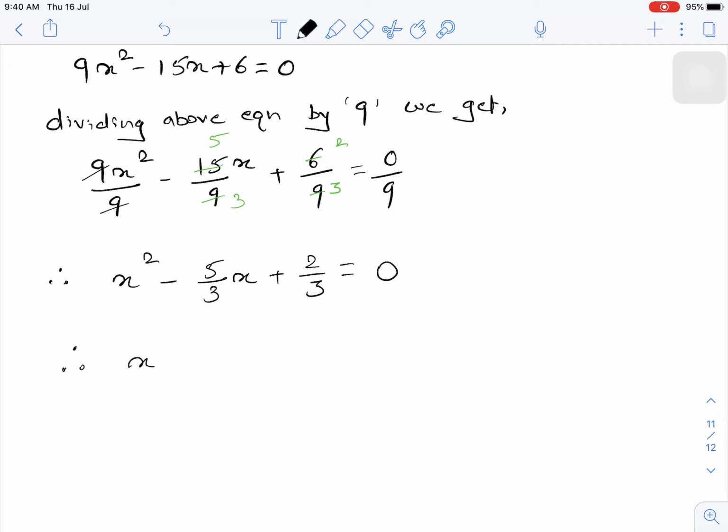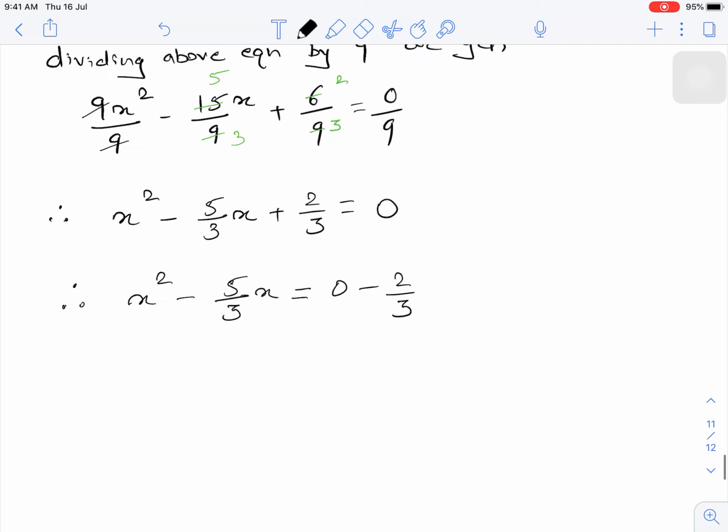So we'll have x square minus 5 upon 3x equals to 0 minus 2 upon 3. Therefore x square minus 5 upon 3x equals to minus 2 upon 3. Now this is our equation number 1.